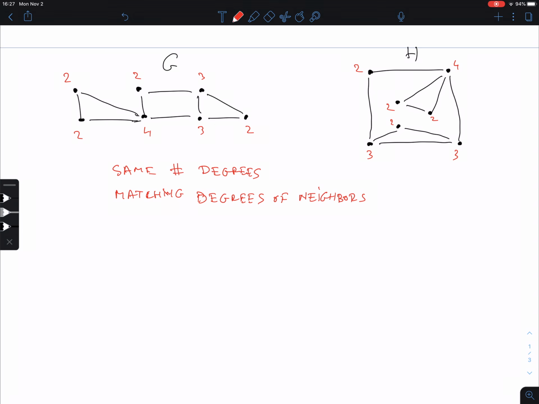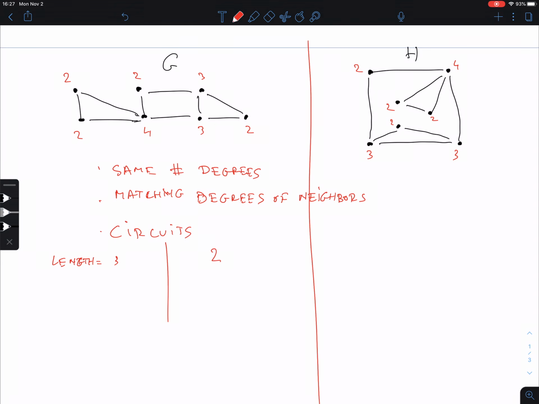Then we could look at paths. So let's look. Oh, there we go again. Circuits. Okay, circuits of length 3. What do we have here? I see one triangle and another triangle, so I have 2 of those.